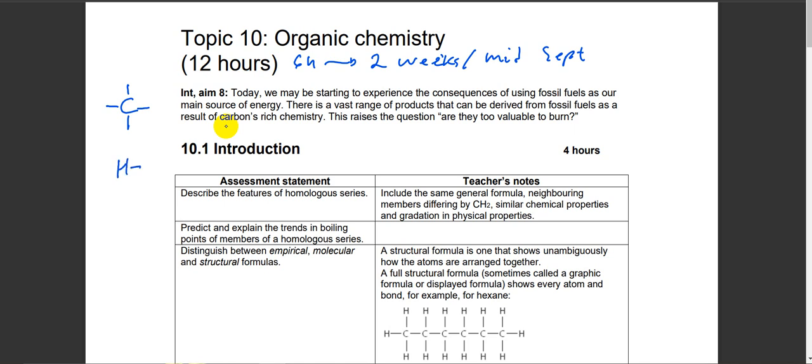And after that, of course, hydrogen. Hydrogen is able to form one covalent bond. Oxygen, two, nitrogen, three. Other than that, we have halogens as well, but these are probably the 4 most common atoms that we are going to talk about here.